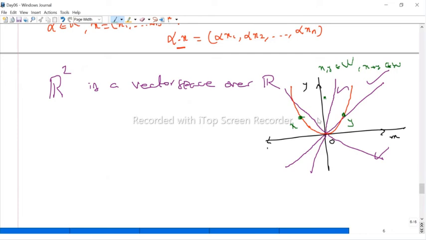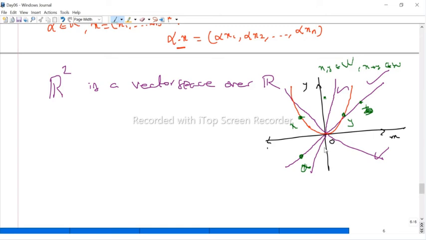That's why we take the linear curve. If you take a straight line and take points on it, say a here and b here, then a plus b may be anywhere but it is lying on the line. That's why lines are subspaces.